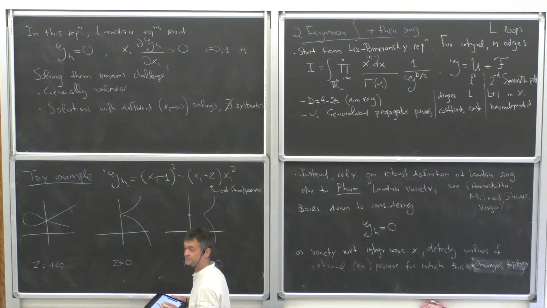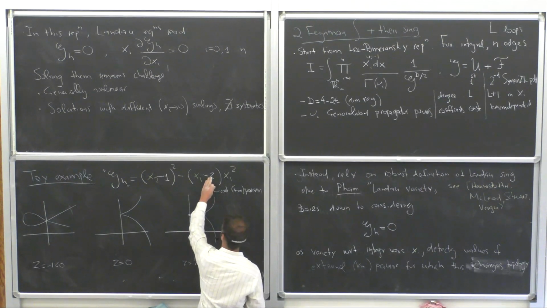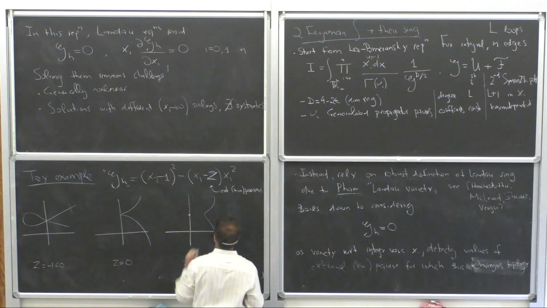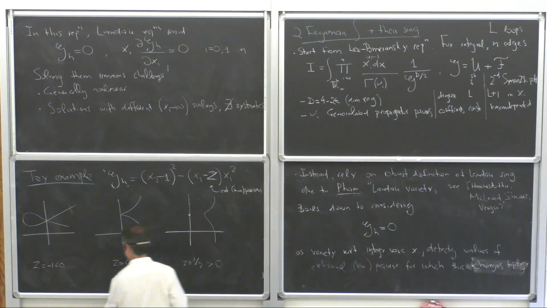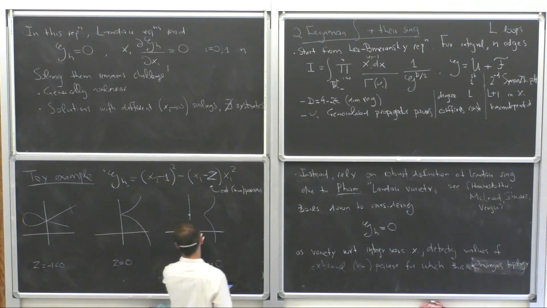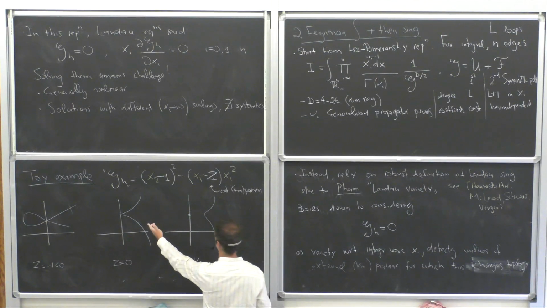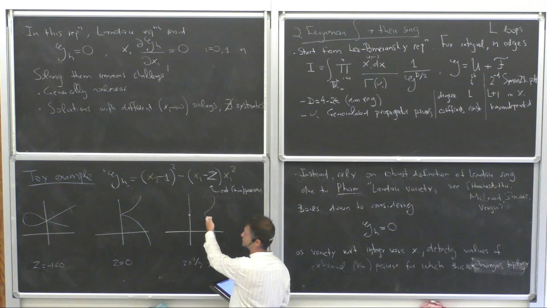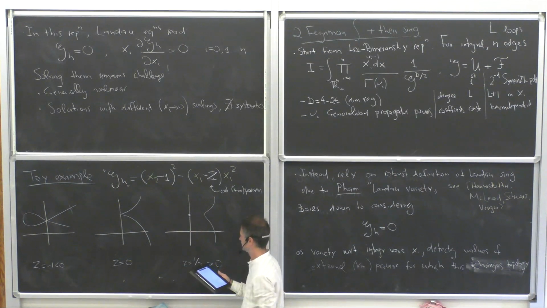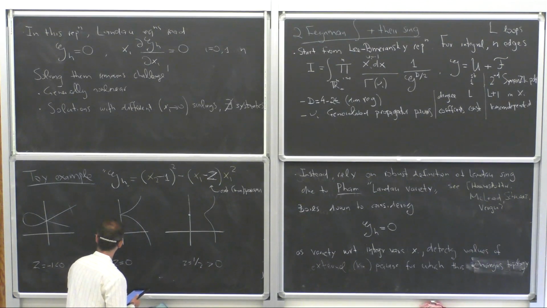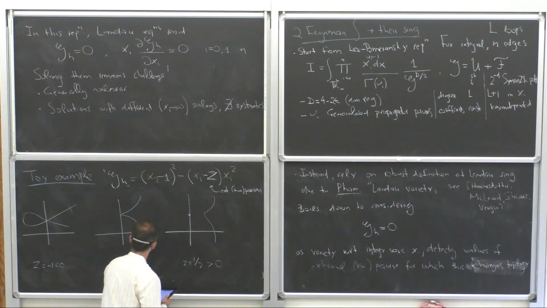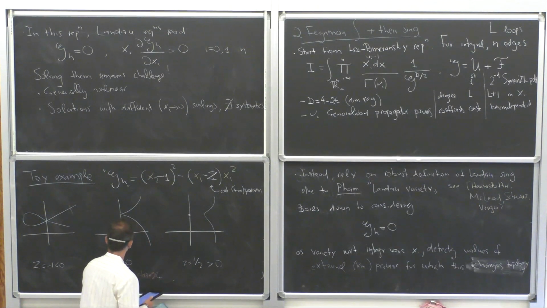And if you increase it again, there is another change in topology. From one component, you get two components. Here it's smooth, but you get two instead of one connected components. So this here is the topology change, and therefore the Landau singularity.